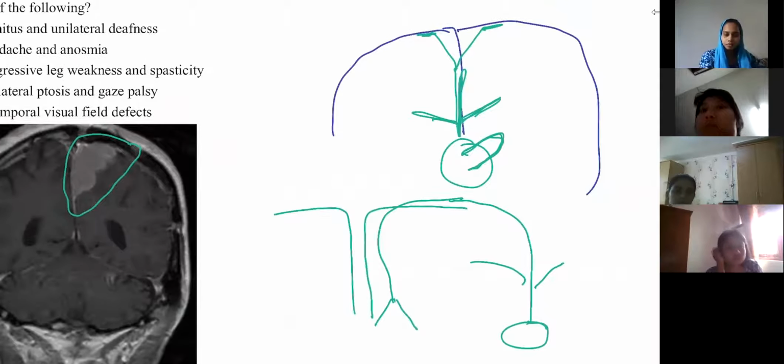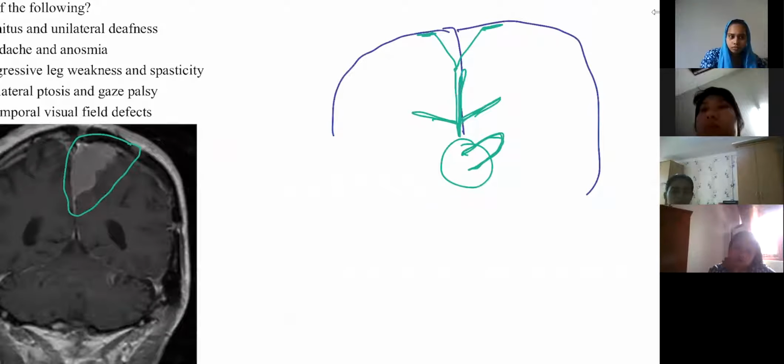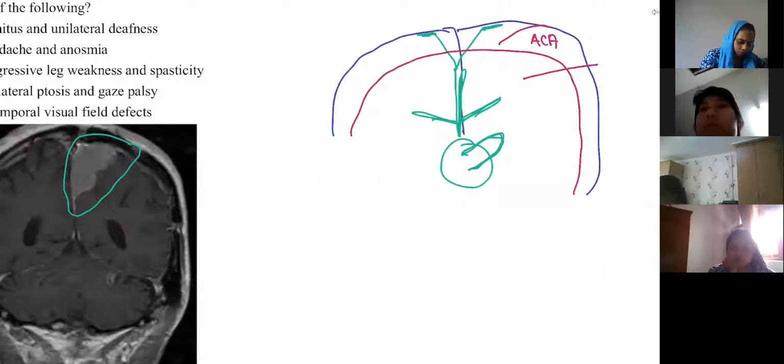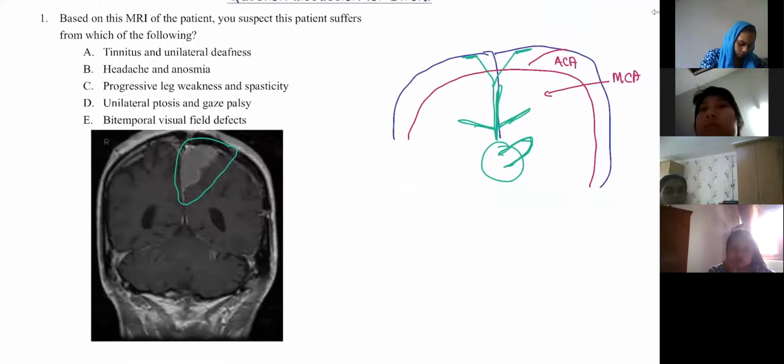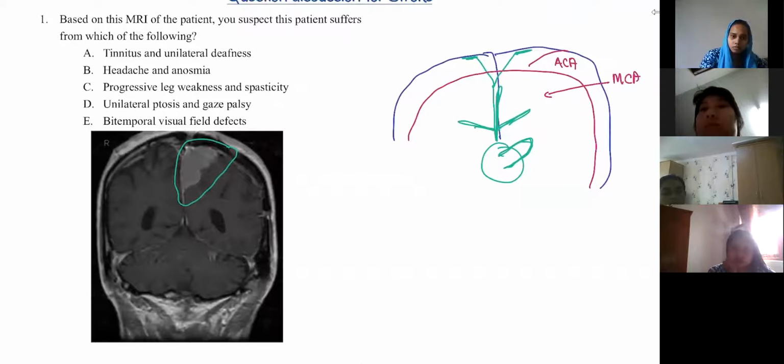I did it in a different way. I drew it in a different diagram where I said this region is supplied by the anterior cerebral artery. Okay, and this region is supplied by the MCA. Okay, I hope you guys remember this. So in this case, this patient's top region is affected.